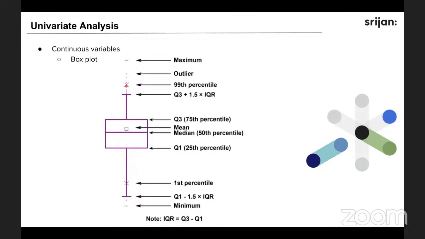Then we can say that, okay, something lying beyond 93, let's treat it as an outlier. And we will just replace all the values beyond 93 with 93. That's why I was saying replacing it with the 99th percentile value. And let's say in our case, the 99th percentile value is 93.